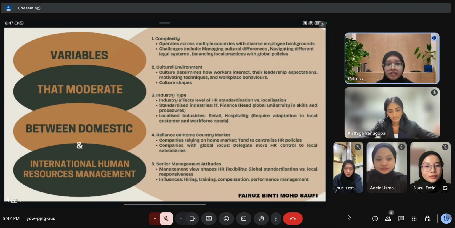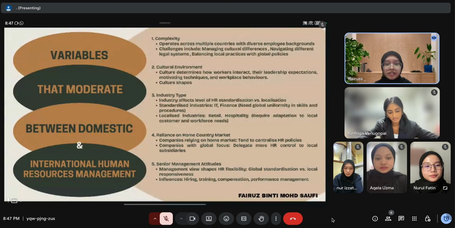The next one is cultural environment, which is the culture shapes the communications, leadership expectation, motivation, and workplace behavior. So practices that work in one country may not be effective in another. So they come up with the comparison between Malaysia and Western country. For the Malaysians, their culture is high respect for hierarchy and indirect communication and group orientation.